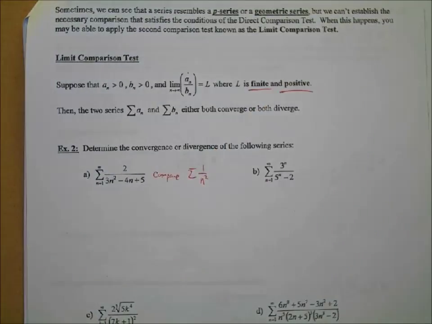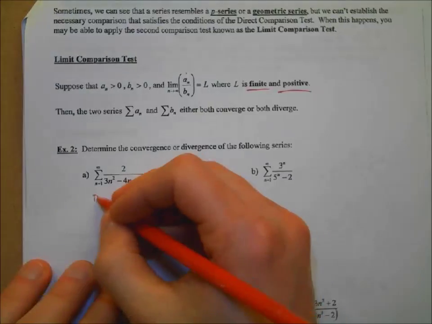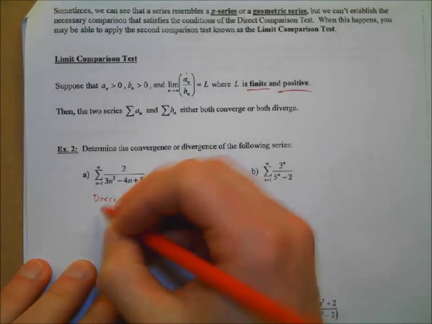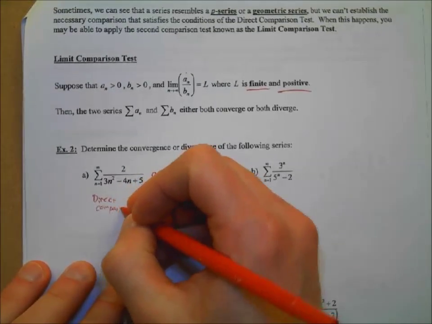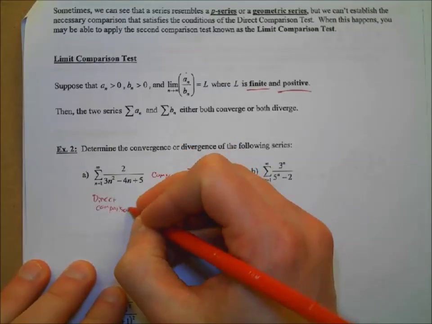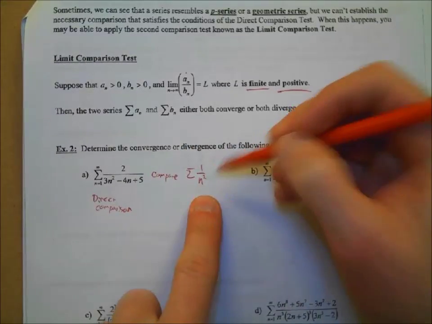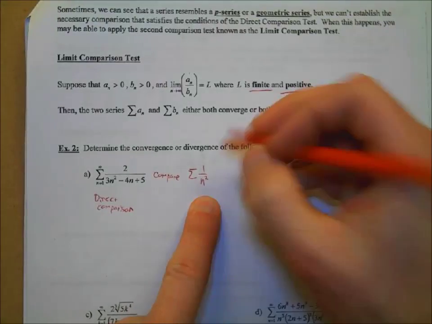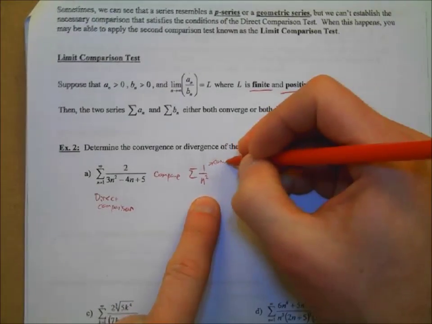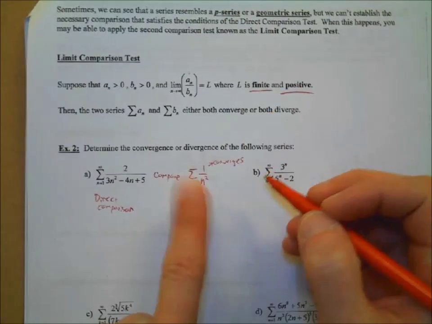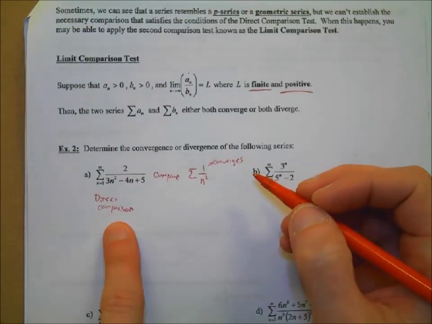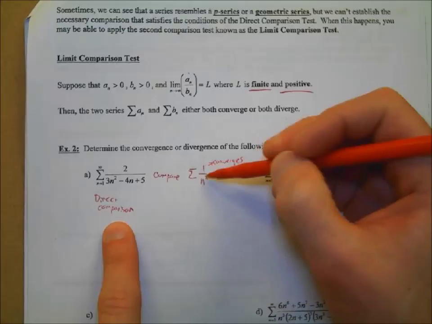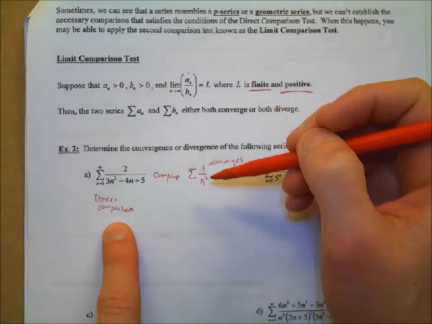Now, if we try to do a direct comparison here, what do we know about 1 over n squared? It is going to converge, right? So if we're trying to do a direct comparison, we would need to show that 1 over n squared is related to the original how?